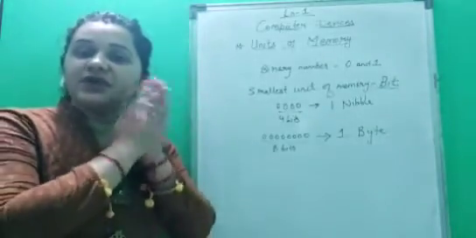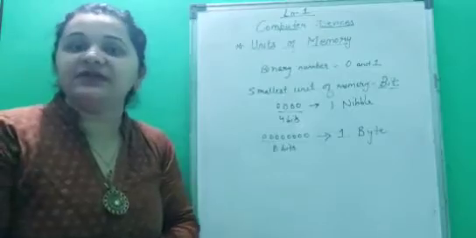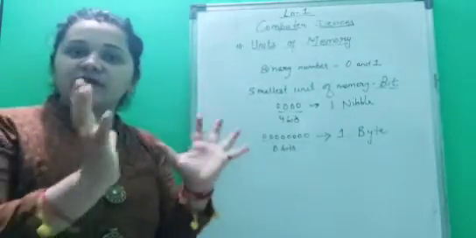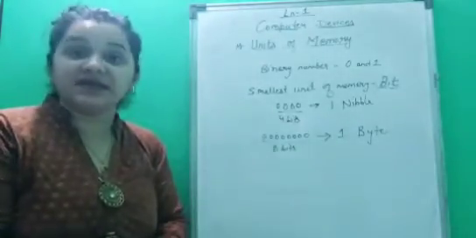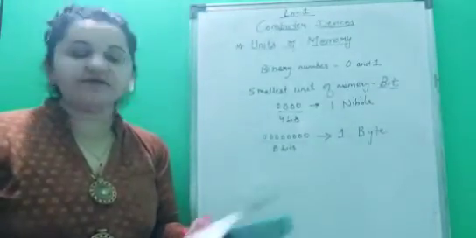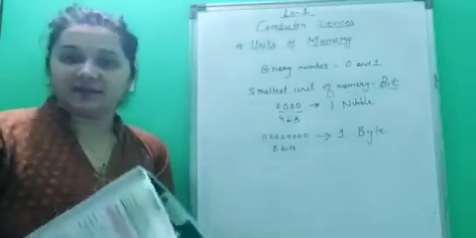When 1024 bytes combine together, they make 1 kilobyte, 1 KB. And when 1024 KBs are combined together, they make 1 megabyte, MB. This is how you have to learn this chart of units of memory. It is very important.